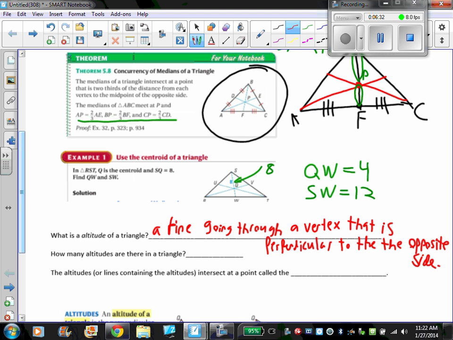Again, since this is starting at a vertex, there are going to be 3 of them in or around the triangle. And they intersect at a point called the orthocenter.